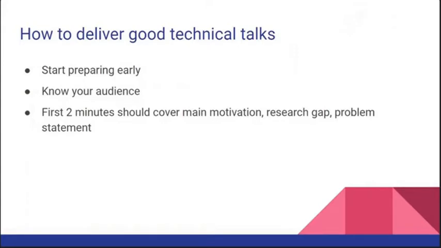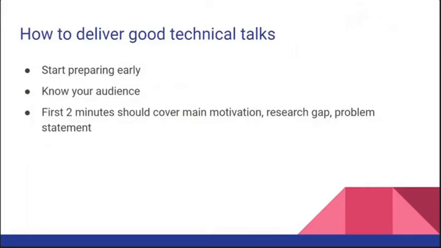Critiquing means understanding what has been done and what has not been done, meaning the limitations of the existing works. That is called identifying the research gap. Finally, we say that in the existing work, there are these three research gaps. In this paper, I will try to solve only one of them, and that will define my problem statement.